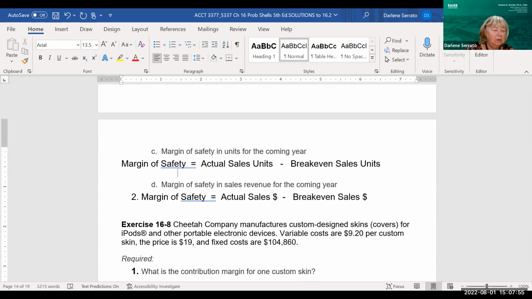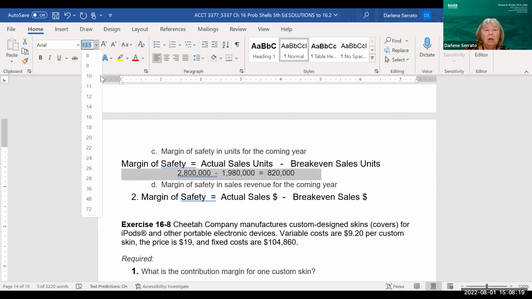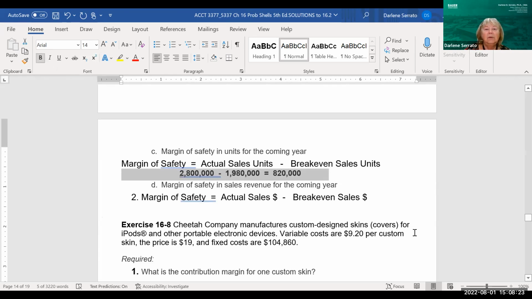So we had 2,800,000 minus 1,980,000, which would give us 820,000. Since break even went down, margin of safety goes up.